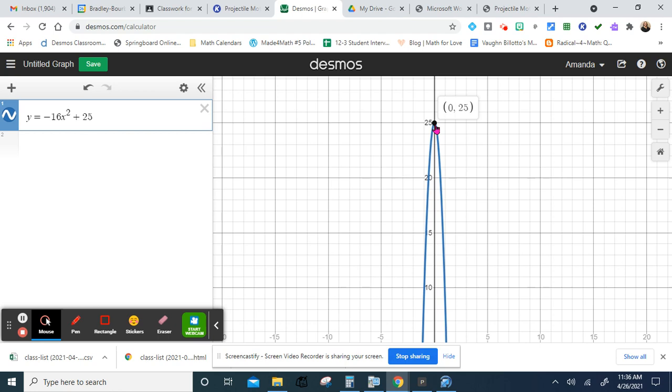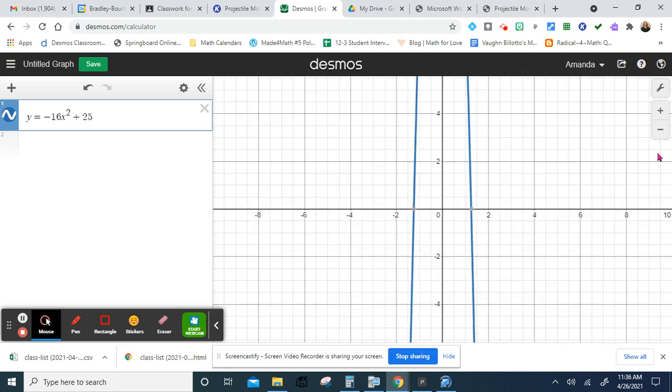So 25 feet is your maximum height. This is like the roof of your building where you drop the egg from. So how long is it going to take for it to hit the ground? Good, 1.25 seconds. Yep.